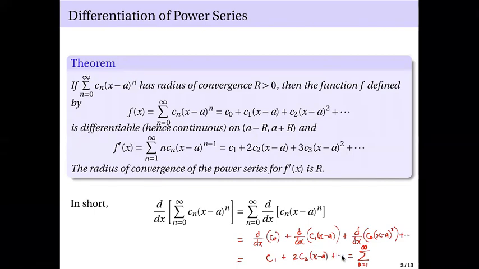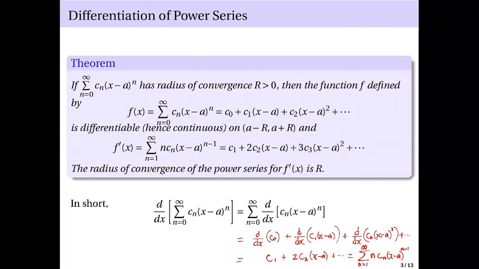If you continue with the third part, you will get 3 c3 (x minus a) raised to 2. What you will see is the following terms: n, c sub n times (x minus a) raised to n minus 1.